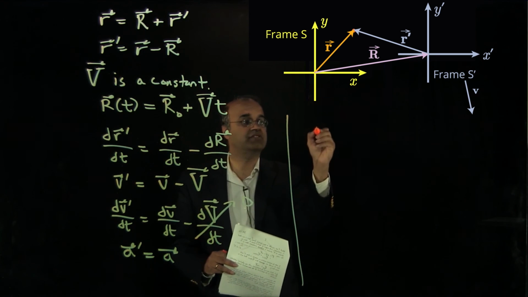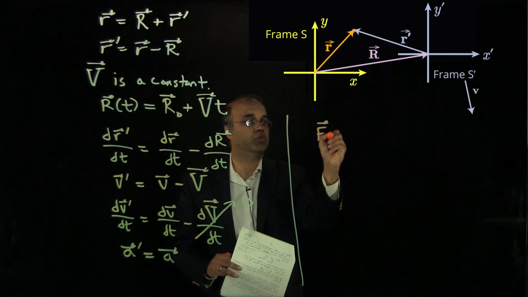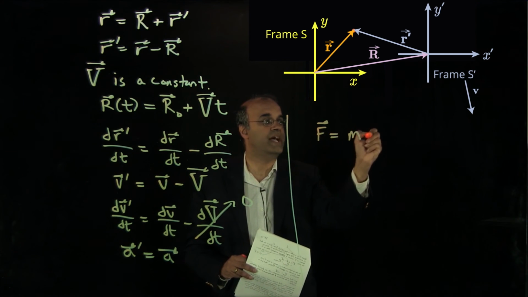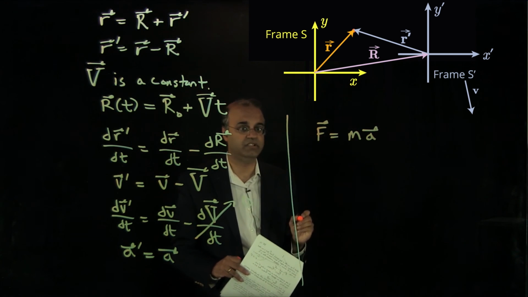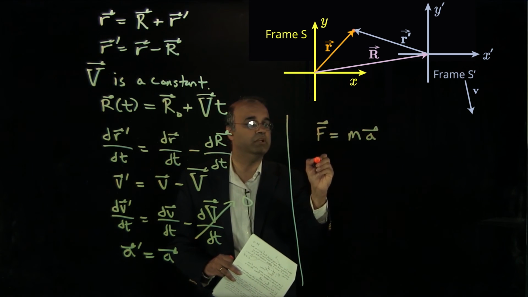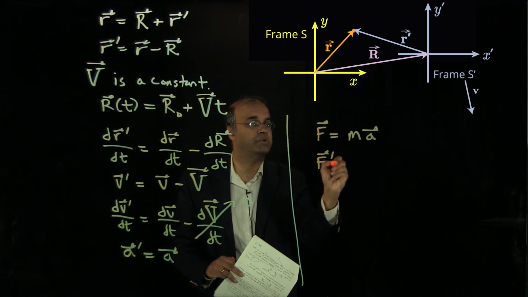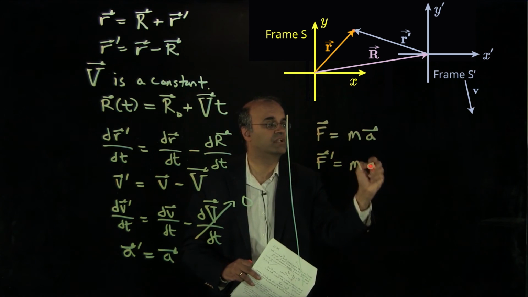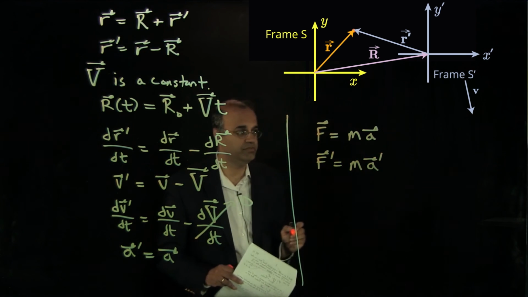In frame S, we have that the force is equal to the mass times the acceleration. In frame S prime, the force F prime is equal to the mass times A prime.